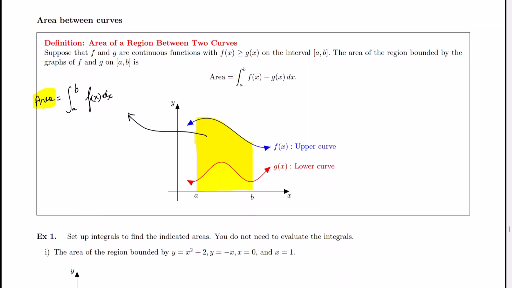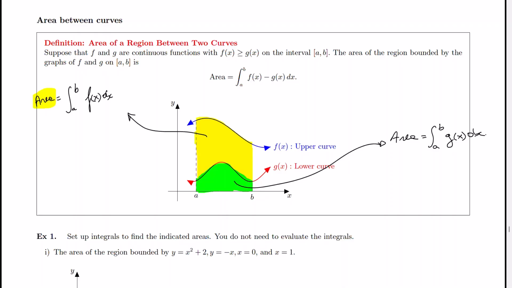But again, if I want to know the area underneath the function g of x, between the function g of x and the x-axis, and the lines from a to b, so if I want to know this little area over here, then using the same knowledge from a previous section, the area of this region is again an integral from a to b, but this time we integrate the function g of x with respect to x.